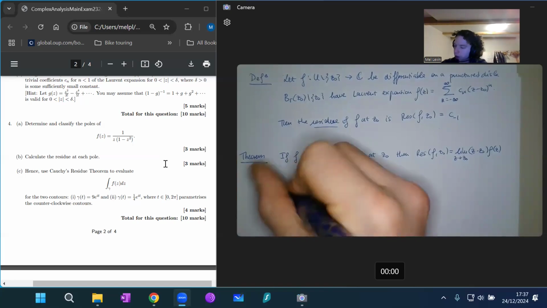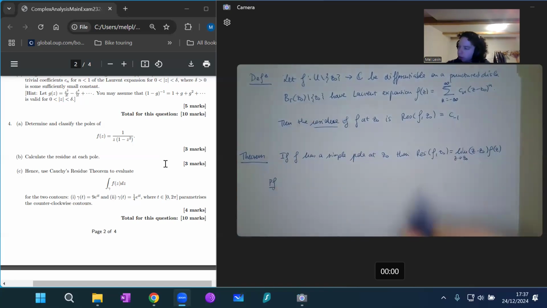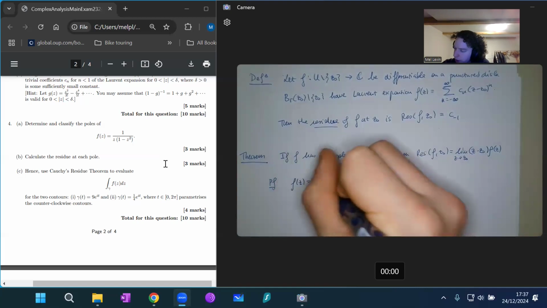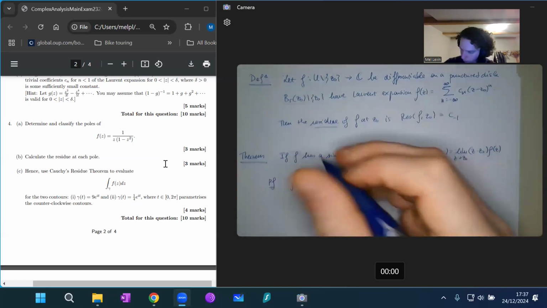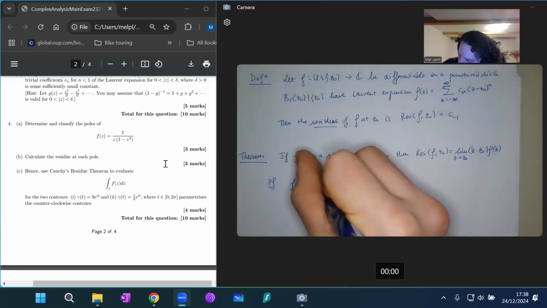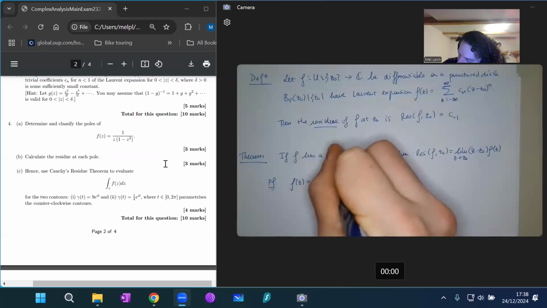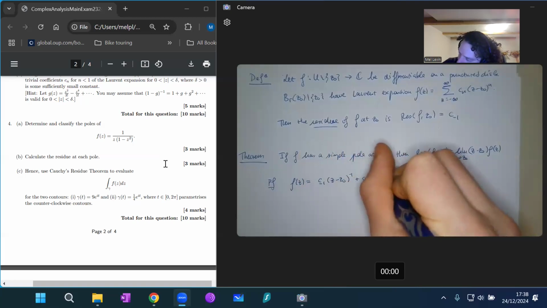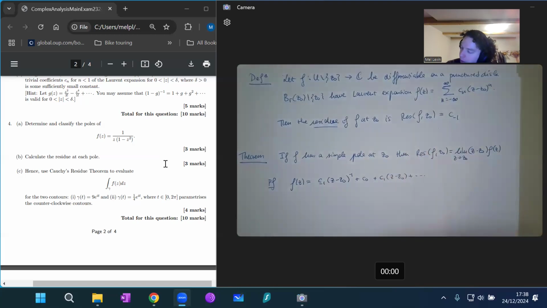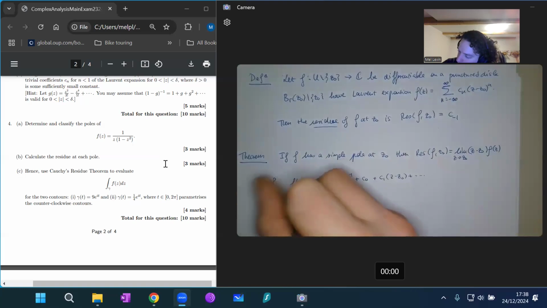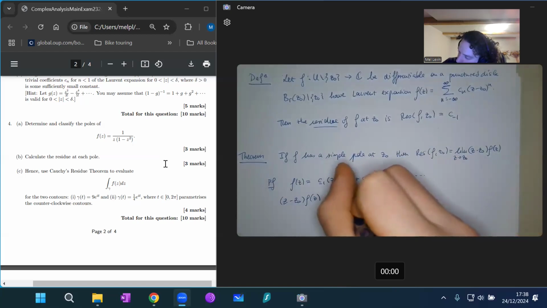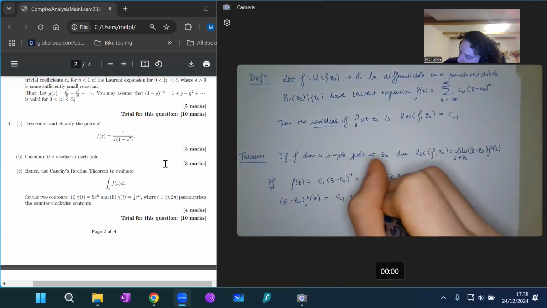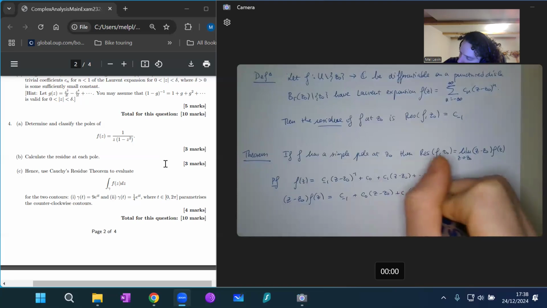It's very, very simple. Basically, in this punctured disk around z naught, f(z) looks like, because it has a simple pole, the Laurent expansion starts with c_{-1}(z minus z naught)^{-1} plus c_0 plus c_1(z minus z naught), etc. So if I then multiply by (z minus z naught), I'll get c_{-1} as my constant term in this expression.